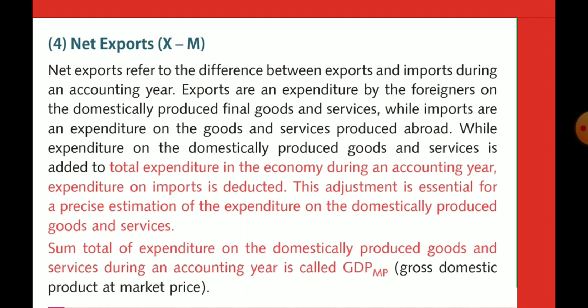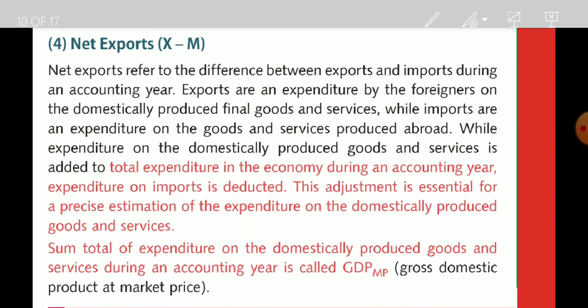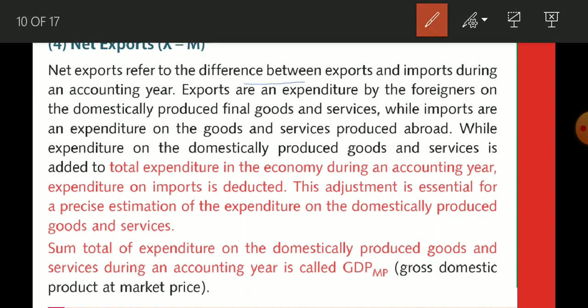Now the fourth component is net export. Net export is the difference between export and import during an accounting year. Okay, what is export? Exports are expenditure by foreigners on domestically produced final goods and services. Means when we sell our goods in another country, and whatever receipt we get, that is known as export. What is import?